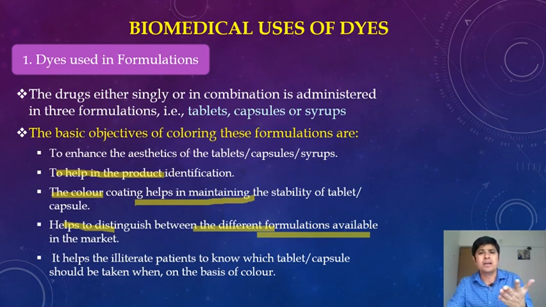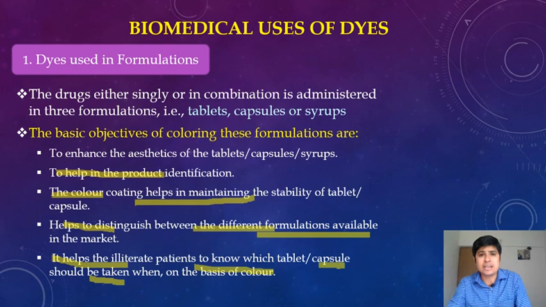See, cough syrup may sometimes be orange, sometimes brownish, or sometimes reddish. Like that we can easily distinguish the cough syrup by looking at the color of that bottle. Next, it helps the illiterate patient to know which tablet or capsule should be taken when, on the basis of color.